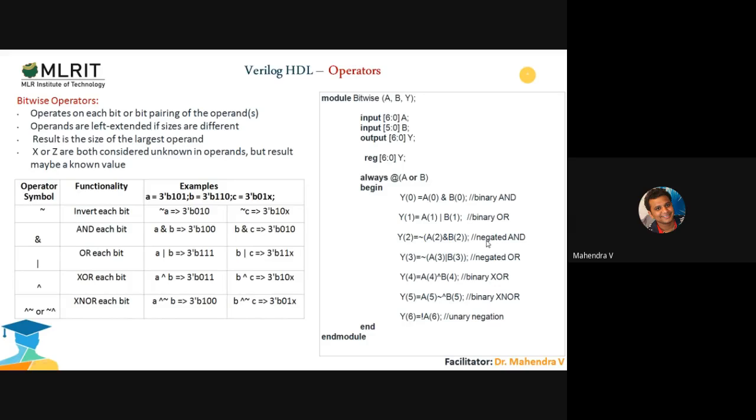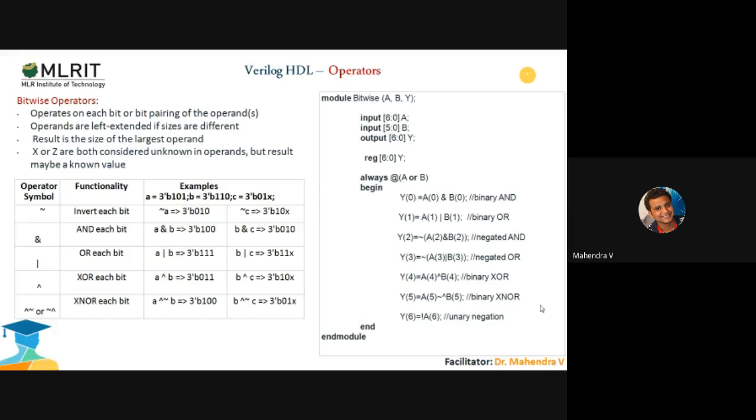If you want to perform the NAND operation, that is negated AND: the AND operation, whole will be negated. Negated OR is NOR. XNOR is the negation of this. Here you can put the negation here or here, no problem.